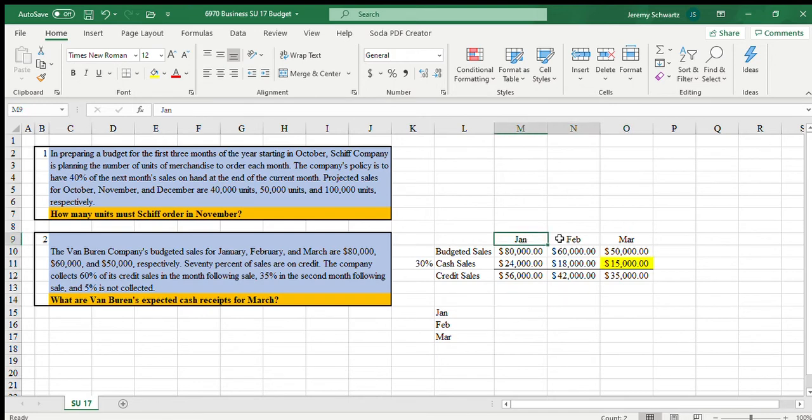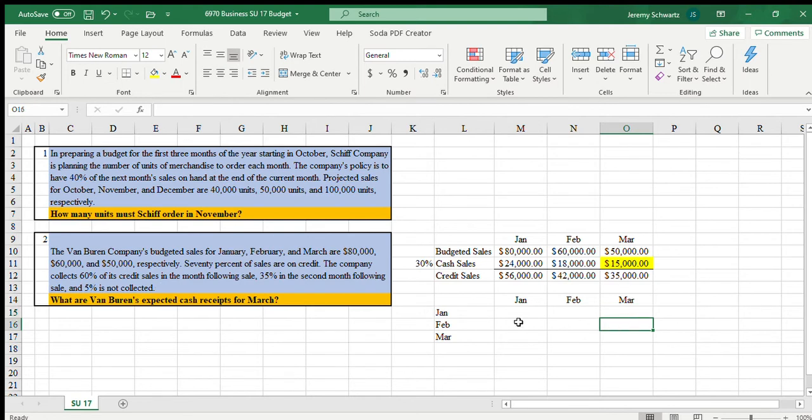So now it's just a matter of determining how much of each different month will be collected in March. So in other words, how much from January will be collected in March, how much from February will be collected. So we sort of have to work backward on this in that the company collects 60% of its credit sales in the month following sale.